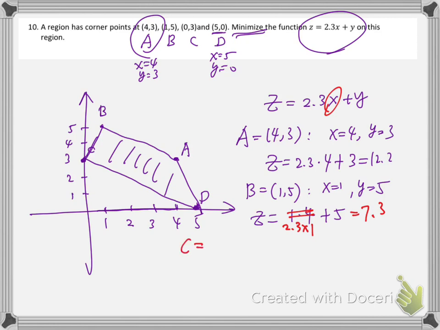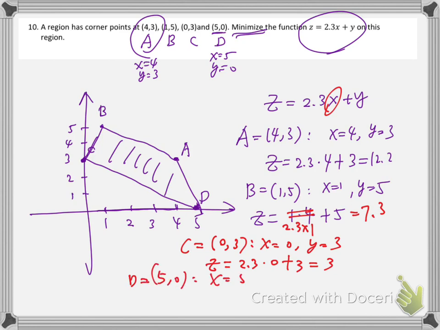For point C, 0, 3: x is 0, y is 3, so z is 2.3 times 0 plus 3, which is 3. Point D is 5, 0, so z is 2.3 times 5 plus 0, which is 11.5. So we have 4 values of z: A is 12.2, B is 7.3, C is 3, and D is 11.5.